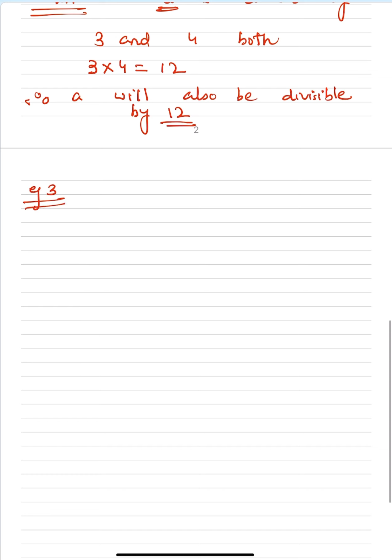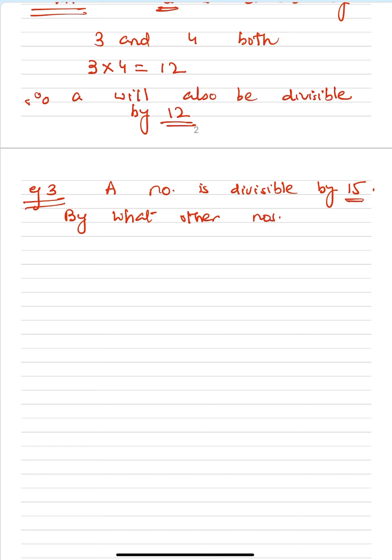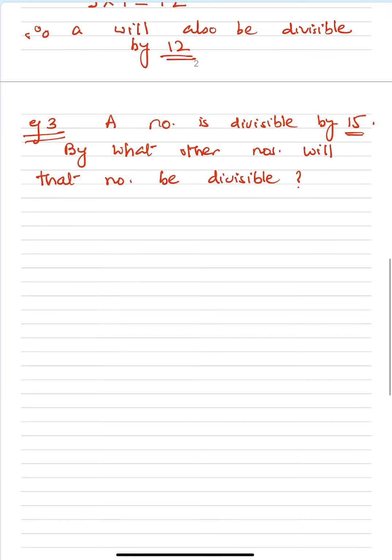Next example. Here two co-prime numbers were given, but if the product is given, then what? See, a number is divisible by 15. Here 15 is the product of two co-prime numbers. Then by what other numbers will that number be divisible? First we were giving the answer by finding the product of two co-prime numbers. Now here we will find the two co-prime numbers of 15.